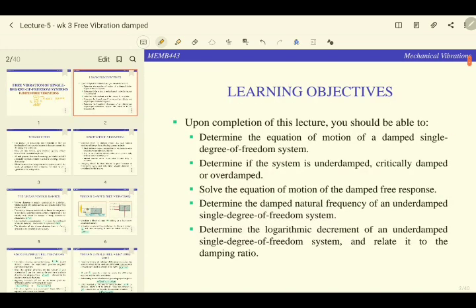Based on this lecture, quite similarly to the previous lecture, you should be able to determine the equation of motion, looking at different types of damped single degree of freedom system, which consists of undamped, critically damped, overdamped, solve the EOM, and also determine the damped natural frequency of an underdamped single degree of freedom system, and also look into how you can calculate the damping ratio, because now it's a damped system, so you have more parameters that you need to solve.